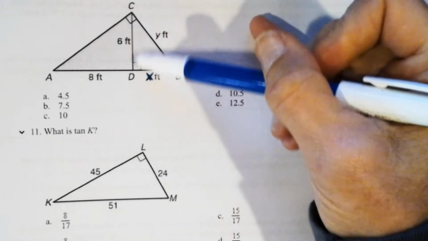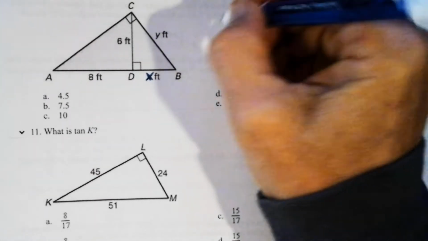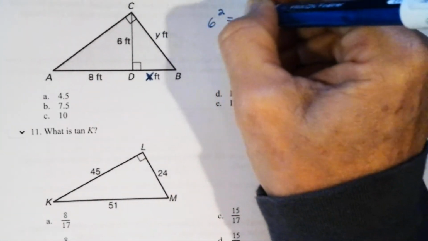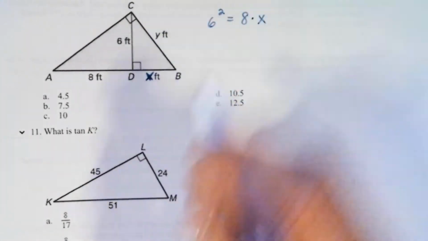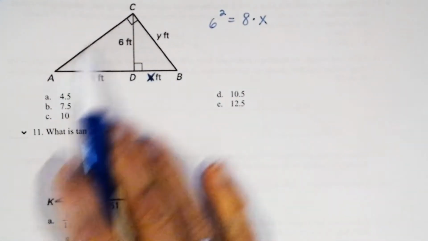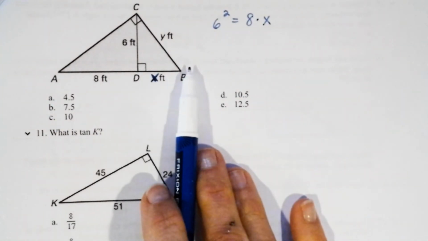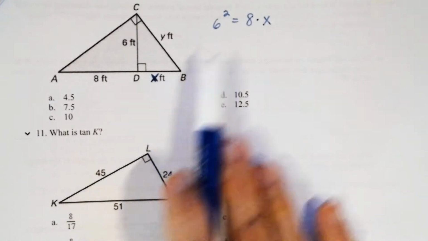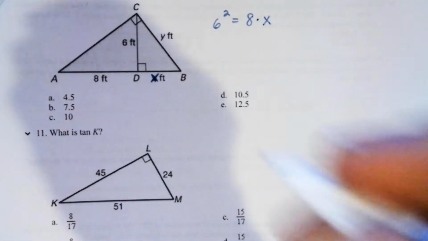So to apply it, we're going to do 6 squared equals 8 times X. Because in this right triangle, this is the hypotenuse. These are the two parts of the hypotenuse. We should be able to figure out X this way.